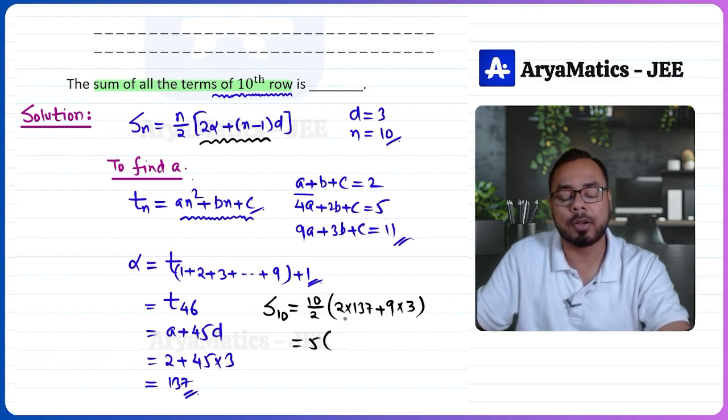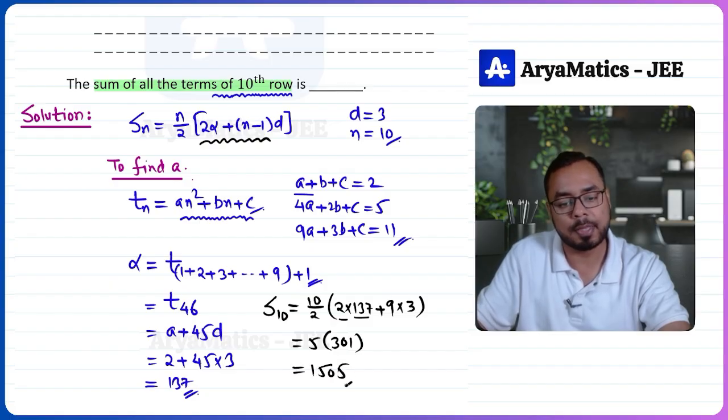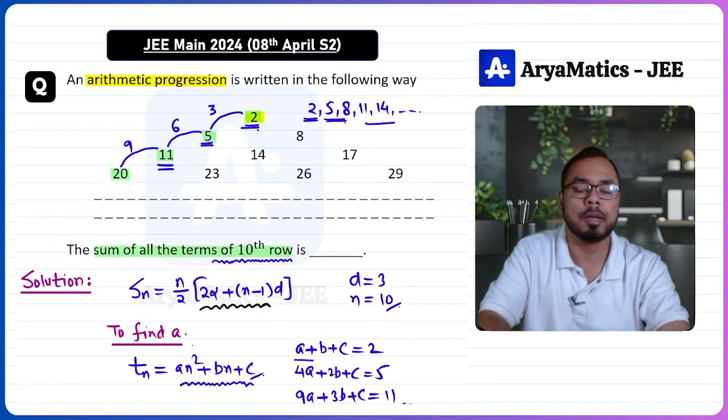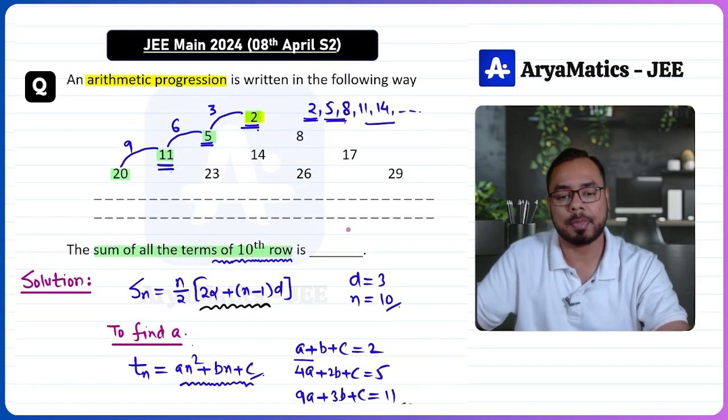This will become 5 into 274 plus 27, so that is 301. 301 into 5 is 1505. Finally, the correct answer for this problem is 1505.